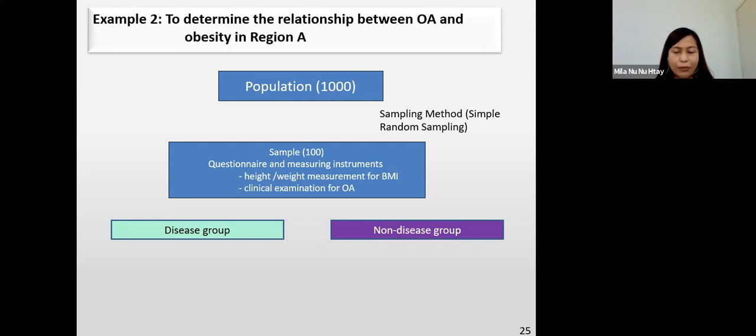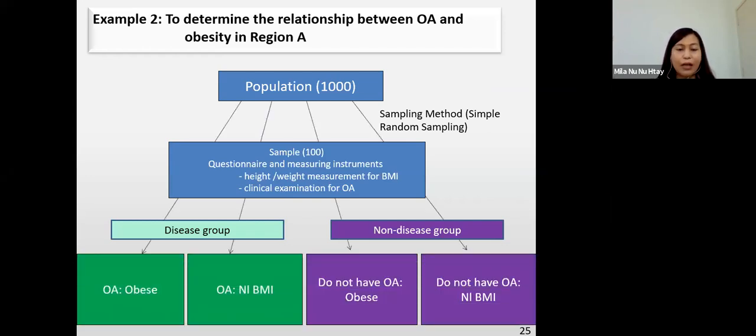The other group is the people without osteoarthritis, the non-disease group. Then in the analysis, we compare these two groups. How many in the disease group are obese? How many have a normal BMI? Similarly, in the non-disease group, how many are obese? How many have a normal BMI? These are just examples of comparisons between groups in an analytical cross-sectional study.